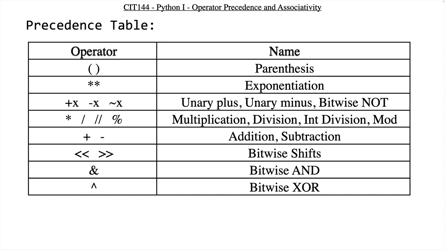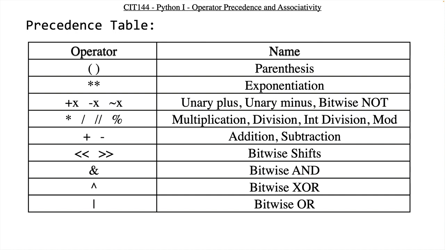Exclusive OR means the expression A exclusive OR B is true if A or B is true, but not both. So where we have two falses, that would be false. Where we have two trues, that would be false. And where we have one false and one true, the result of that operator would be true. We have bitwise OR, where you take two values and apply the OR operator bit by bit within the two values.